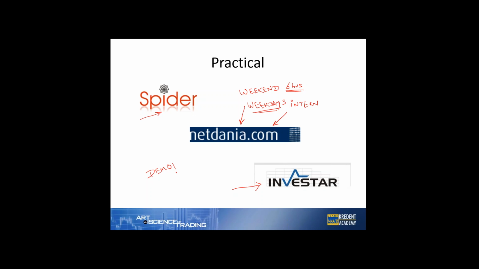This will be around 3 days a week for 4 to 6 hours. Me and my team will be there, and we'll be doing these internships on netdania.com also. So weekends and weekdays as well. Those who would like to participate from outside Calcutta will definitely have some kind of an all online arrangement where you can look into these classes live as well.